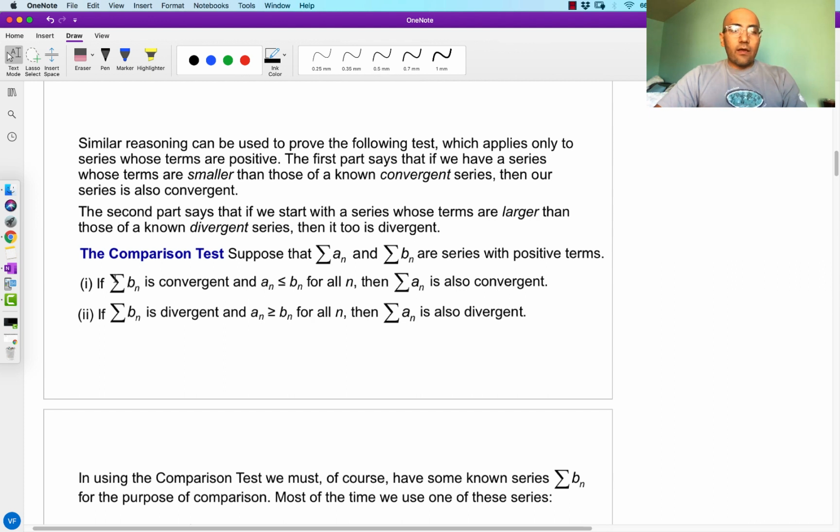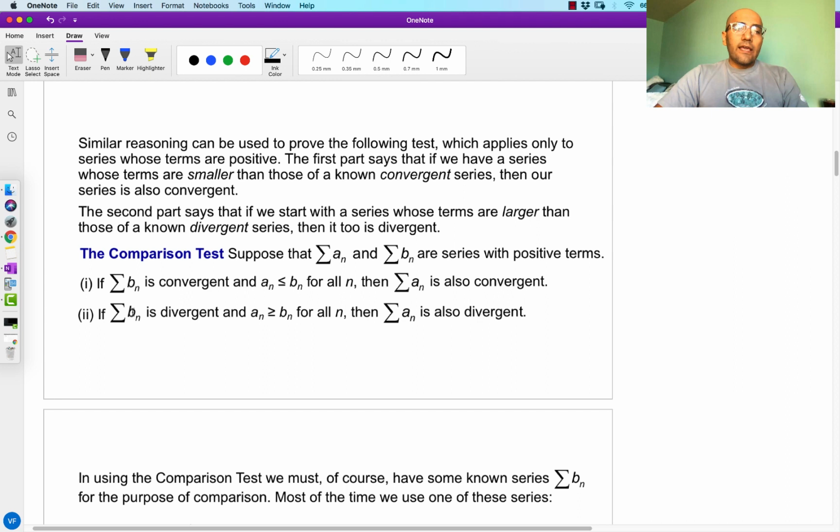So if the series B sub n is convergent and A sub n is always less than or equal to B sub n for all n, then we can conclude that the series of A sub n is also convergent, right? So notice the pattern that on a term by term basis, the A's are smaller than the B's, and the sum of the B's converges, therefore the sum of the A's also is convergent.